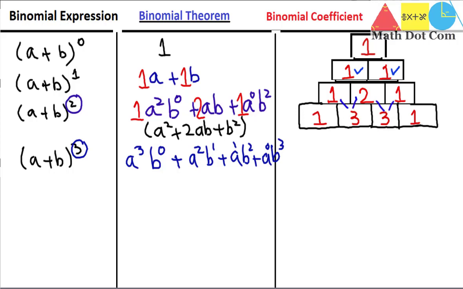So these will be the coefficients: 1, 3, 3, and 1 again. If I write in simplest form, it will be a cube plus 3a square b plus 3ab square plus b cube. So this is how you can expand the given expression by using the binomial theorem and the binomial coefficients from the Pascal's triangle.